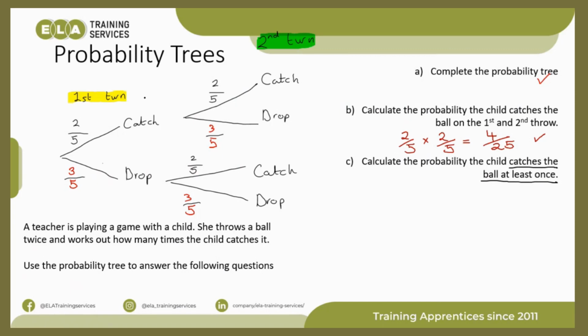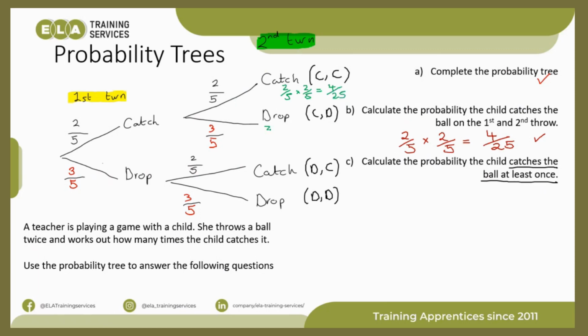So first is catch, then catch. So it'd be catch, catch. Then catch, drop. Then drop, catch. And then drop, drop. And we've done our first step. Then our next step is we're going to multiply our probabilities. So catch, catch is 2/5 times 2/5, which is 4/25.